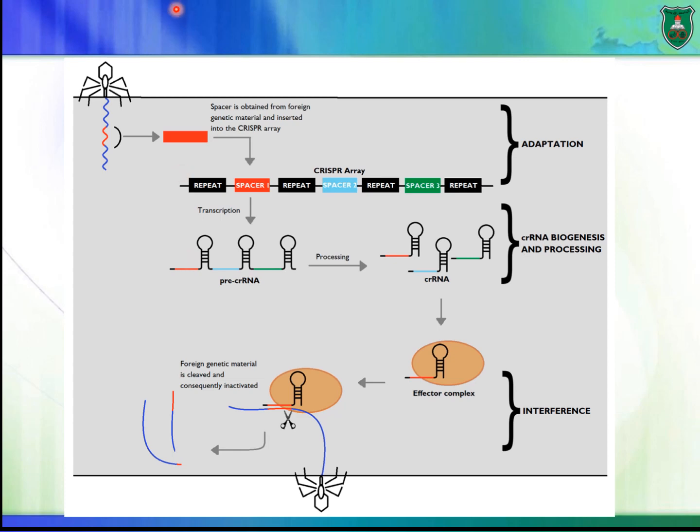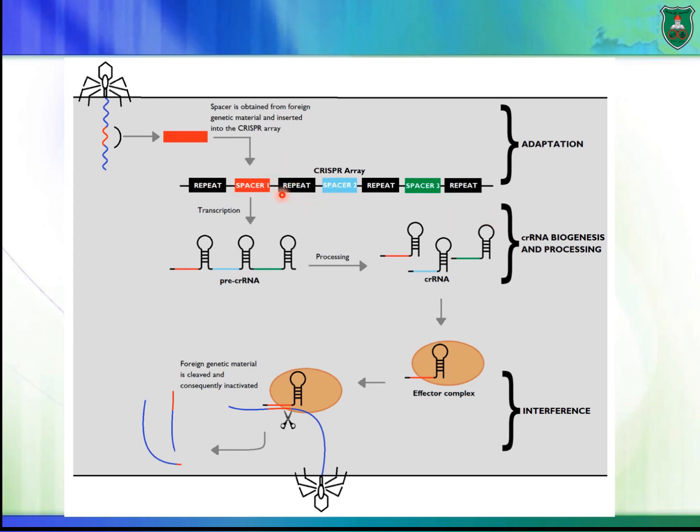So again, what happens? You have a bacteriophage that infects bacteria. The bacteria degrades the bacteriophage DNA into different fragments. One such fragment is taken and inserted into the bacterial chromosome, into a CRISPR array.